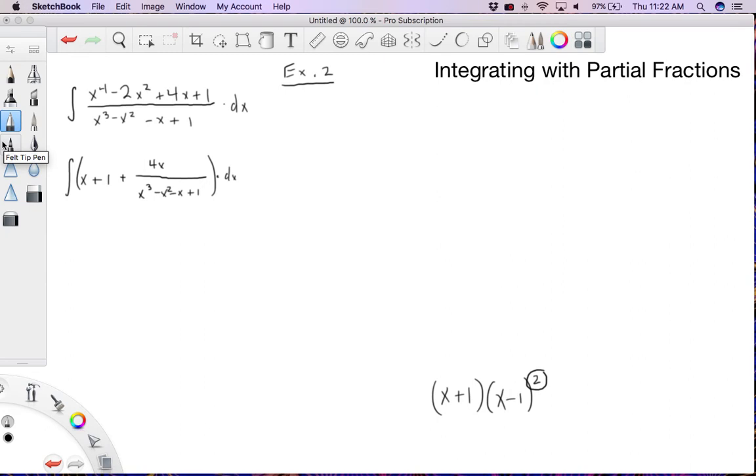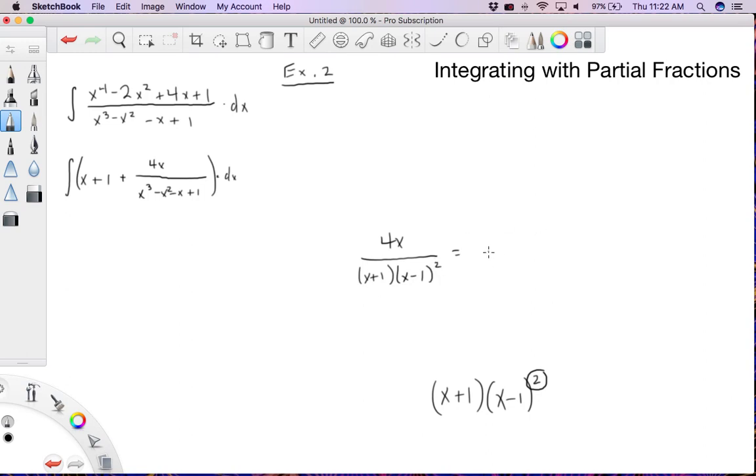So I'm going to take this little 4x piece here, and I'm going to start decomposing it with our letters A, B, C, etc. We could go ahead and write our factors here. This is going to be 4x over x plus 1 times x minus 1 squared.